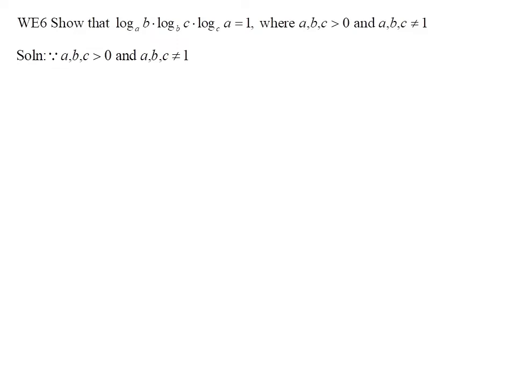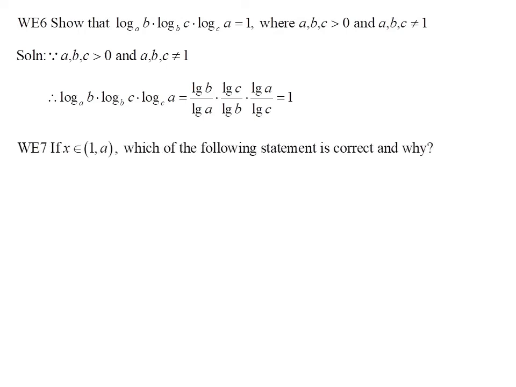Of course, you may change to any valid base, but it has to be the same. After the base being changed, it can be seen that all the logarithmic expressions are cancelled out themselves, so it equals 1.